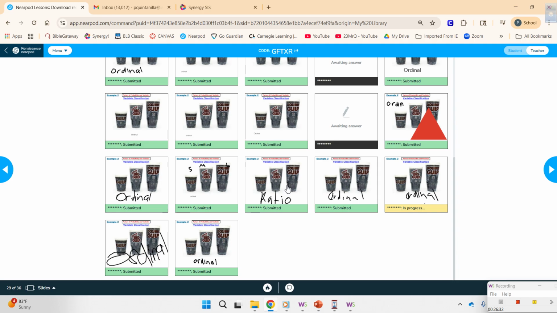All right, let's go with Taylor. Why would we classify that as a ratio? Help her out, Val. Remember, for ratio, we need numbers, right?